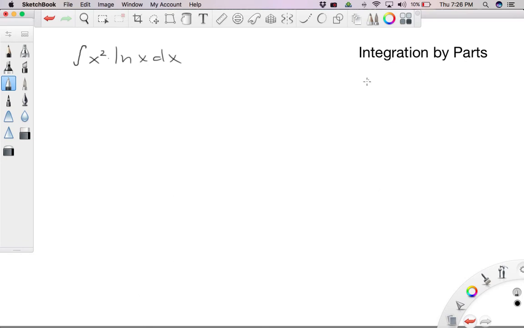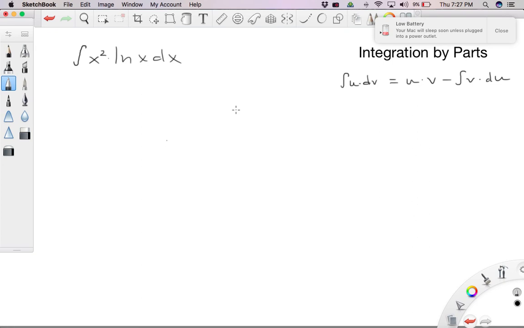And again, we're going to apply the formula for integration by parts, which is the integral of u times dv equals u times v minus the integral of v times du. Okay, so I'm going to choose u such that we can find its derivative, and I'm going to choose dv such that we can find its antiderivative.